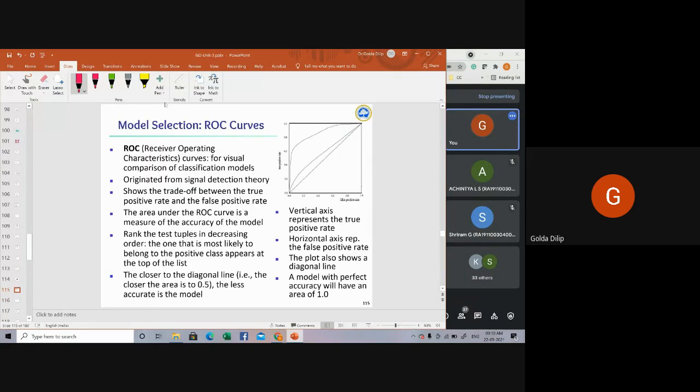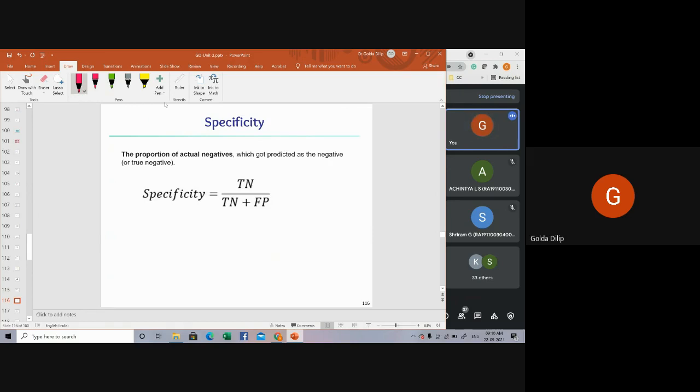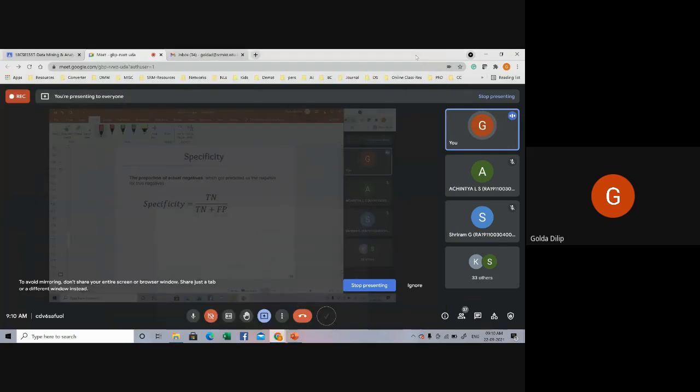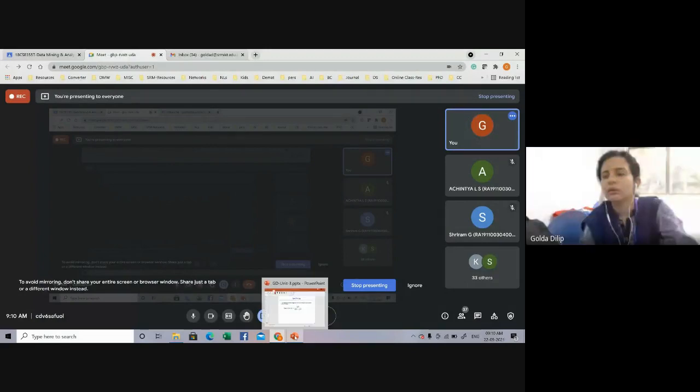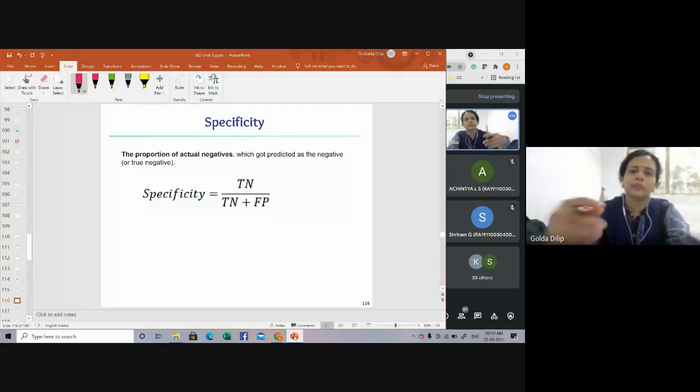This is a generalization of ROC, where the concept is coming from, which you can just read through. I have already explained the concept of ROC and AUC. I hope things are now clear regarding the confusion matrix.